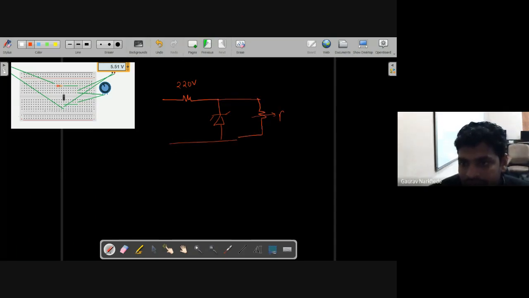and this RL is variable, right? And this is V in, how many volts did we take? 10 volts was given, right? 10 volt.